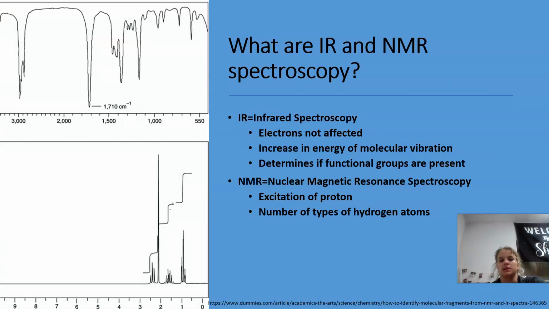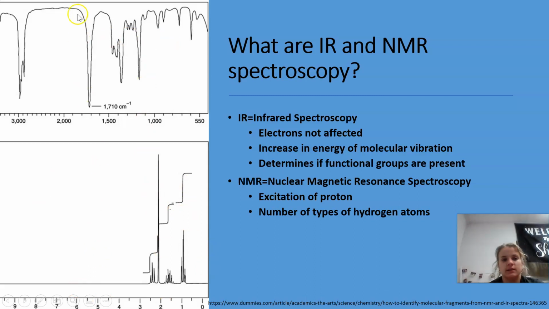IR spectroscopy is infrared spectroscopy. It shows the electrons that aren't affected, and then the increase in the energy of molecular vibration, and it also determines the functional groups that are present. The NMR is nuclear magnetic resonance spectroscopy, and that shows basically the number of the types of hydrogen atoms. Over here, this top one is an IR spectrum, and the one down here is the NMR.